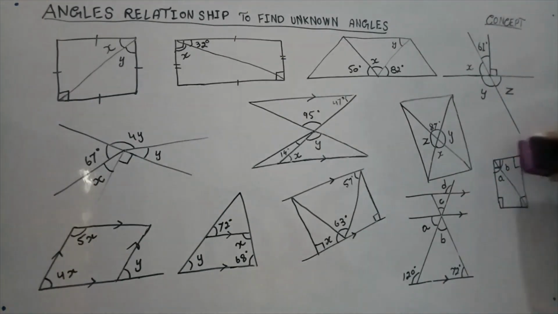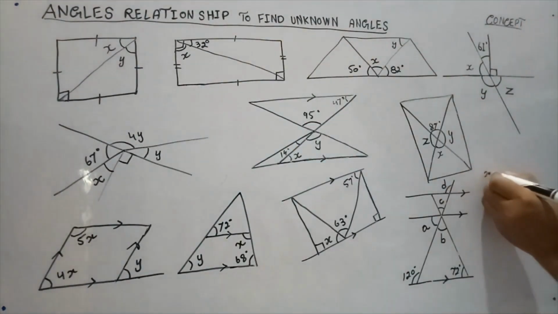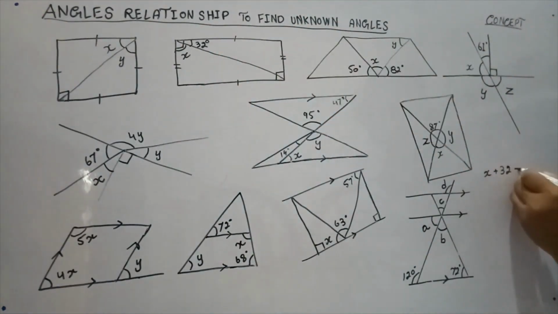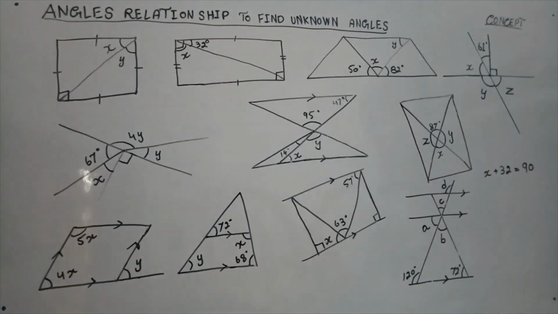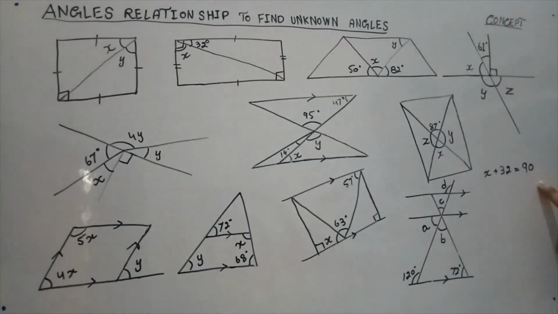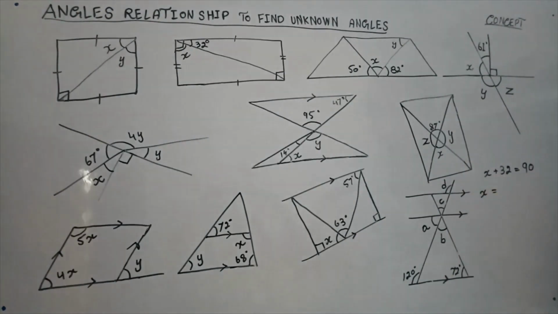Here we have X. If I add X and here we have 32 degrees, it will give me 90 degrees. The sum of both angles will be 90 degrees. Now to find the value of X, we will subtract 32 on both sides.